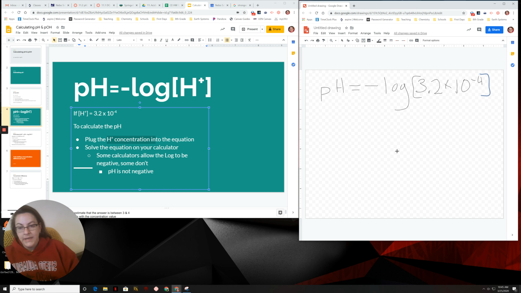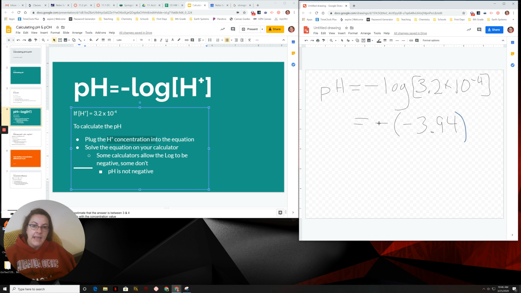Now, notice I didn't say anything about the negative log. If you can see on my calculator, yes, it's backwards, I'm sorry, it says that it is a negative 3.49. So the answer to my log of 3.2 times 10 to the negative fourth is a negative 3.49.